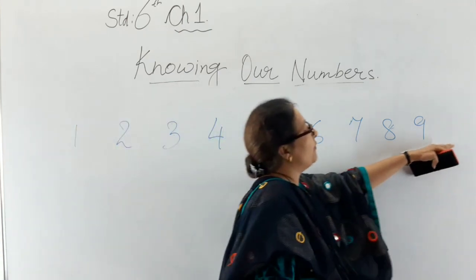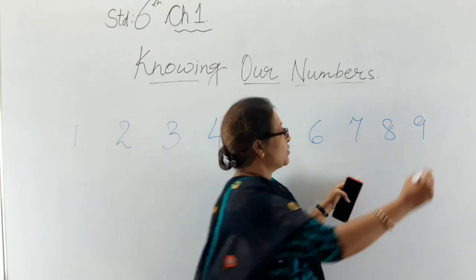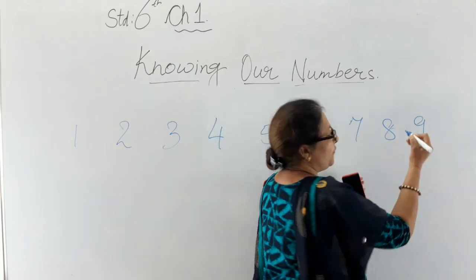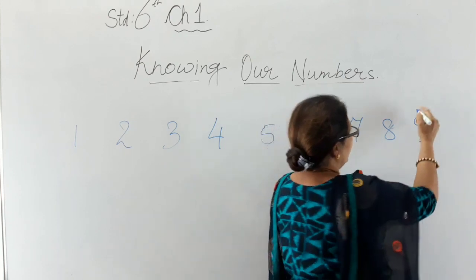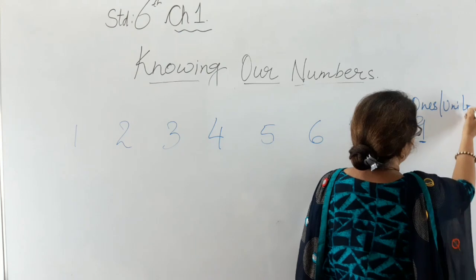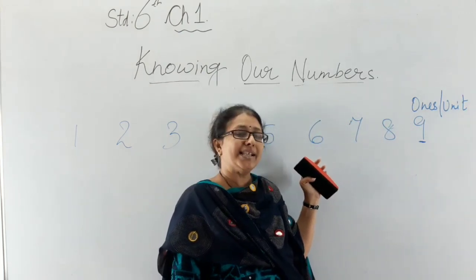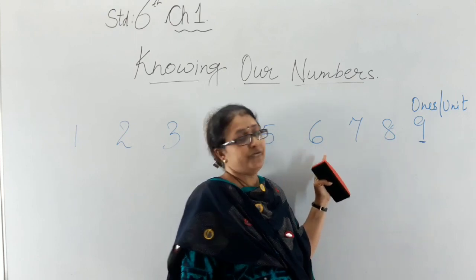Now when we find the place, we take it from right to left. First we find the place of 9, which is always in the ones place, or we say the unit place. In old maths we used to say units, now we say ones.